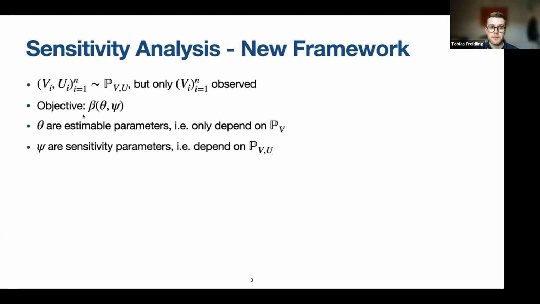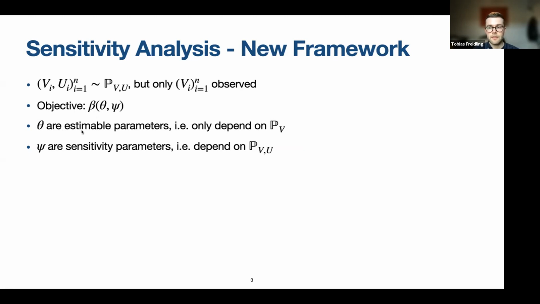The thing we care about is the objective beta. In the context of causal inference, this would usually be a causal effect, and we assume that this beta is a function of two kinds of parameters, theta and psi.